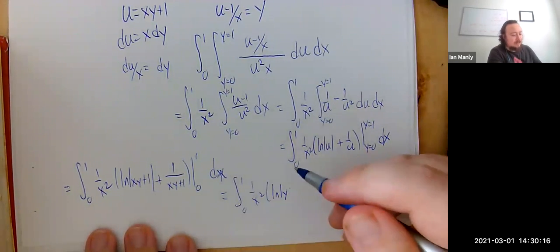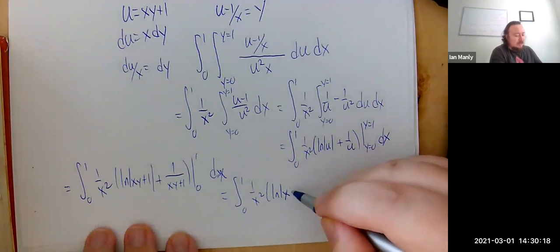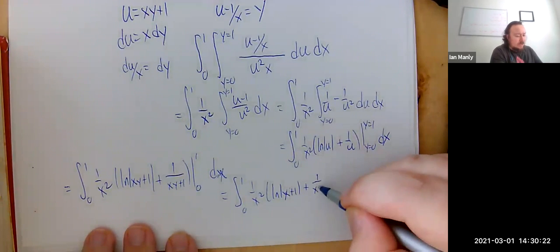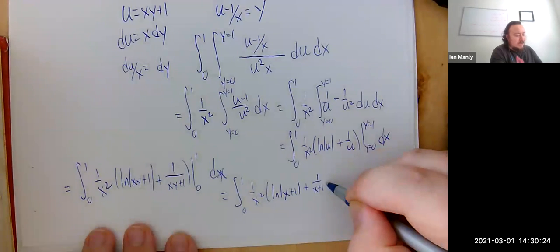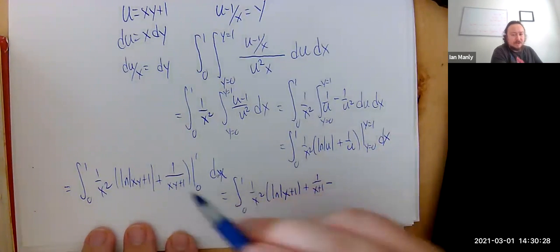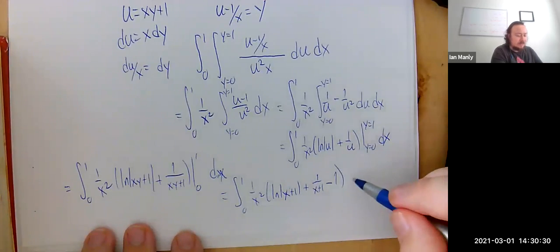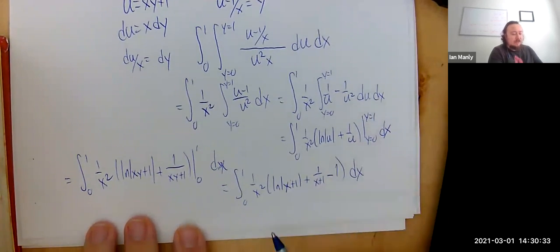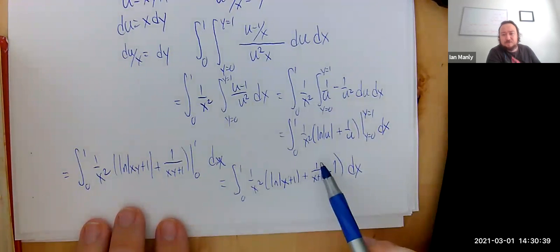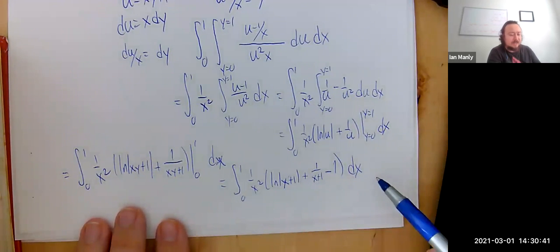Okay, so this is ln of x plus 1 plus 1 over x plus 1 minus, if I put 0 in for the y here, I'm going to get 1. Okay, so now my goal becomes to integrate 1 over x squared times ln of x plus 1 plus 1 over x plus 1 minus 1 dx.